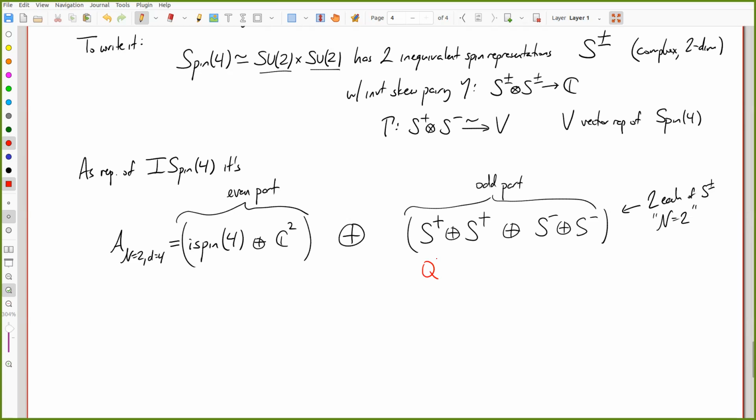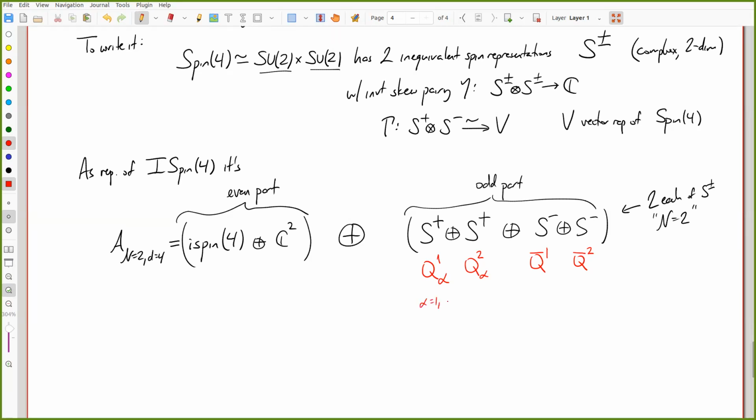These generators I'll call Q1 and Q2, then Q bar 1 and Q bar 2. And then, Q1 is supposed to be valued in S plus. So if I choose a basis for S plus, I'll have generators labeled by the basis elements. So let's write alpha for the basis element in S plus.